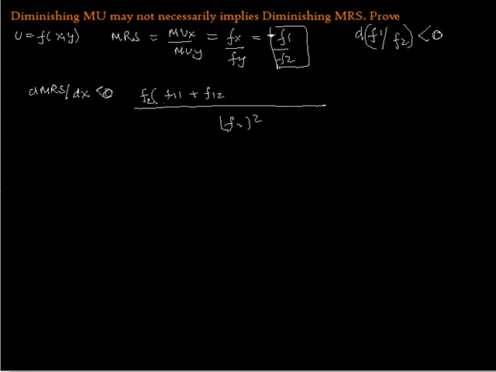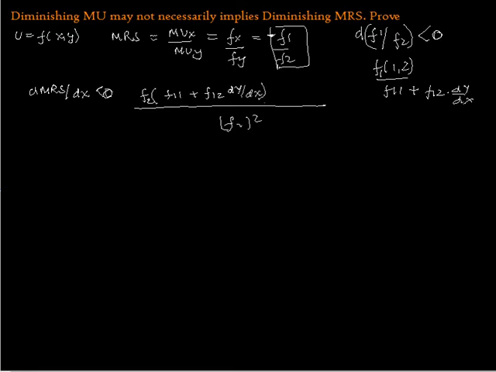You are deriving it with respect to x, it means that you are deriving it with respect to 1. So f11 plus f12 into dy by dx.